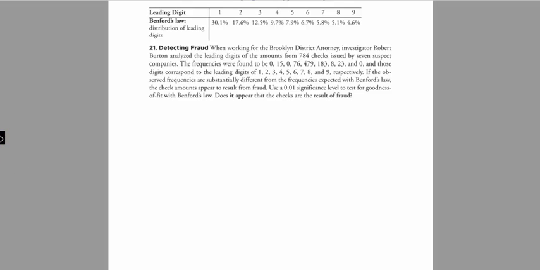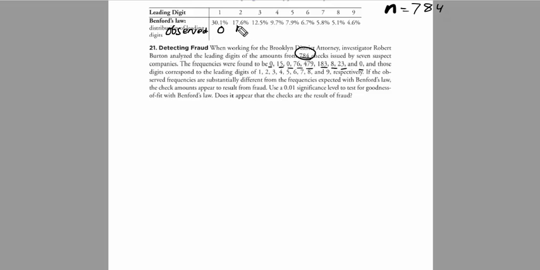So the number of checks that were issued was 784. So there were 784 checks issued total, and they had frequencies as follows. So I'm going to write down the observed frequencies under each of these.